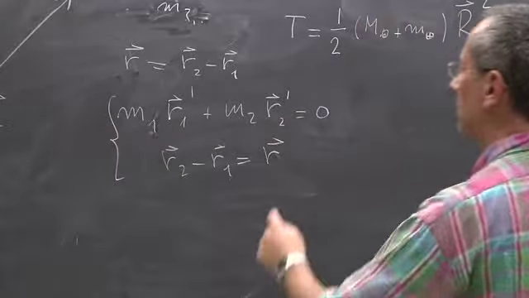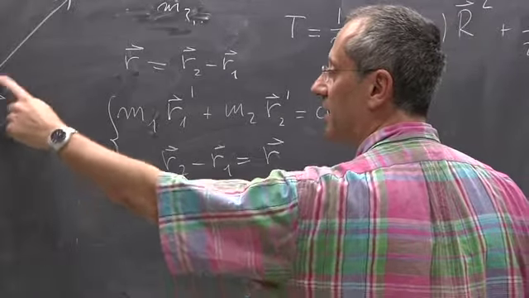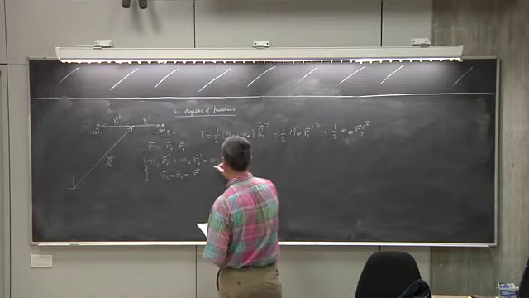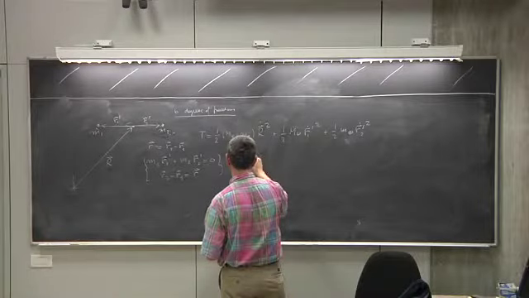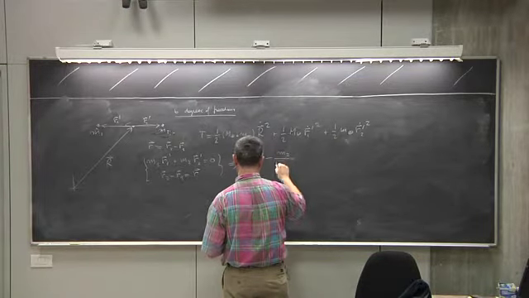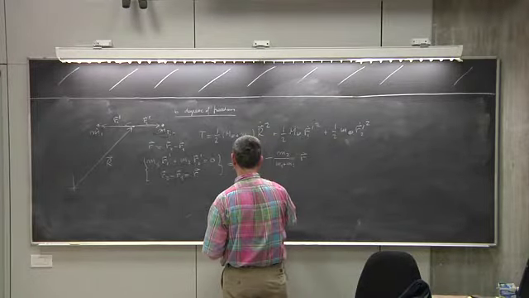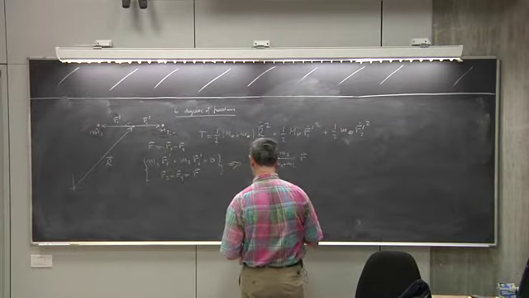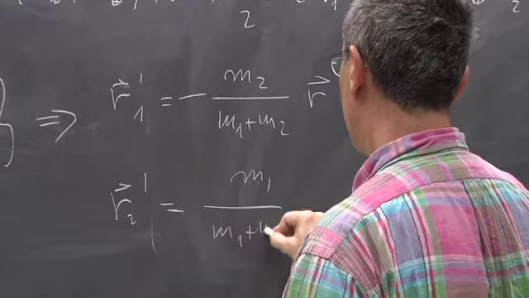So this way, I can go to my generalized coordinates, if you wish, that are big R and little r. Because if you solve this system, I give you the answer: r1 prime is minus m2 over m1 plus m2 times r, and r2 prime, the distance of the Earth from the center of the mass, is m1 over m1 plus m2 times r.